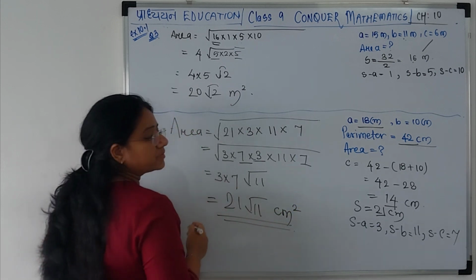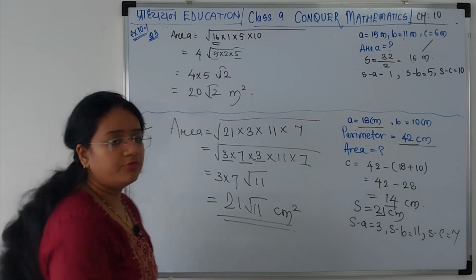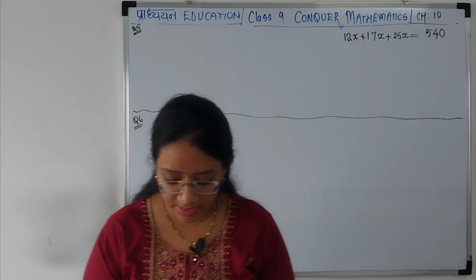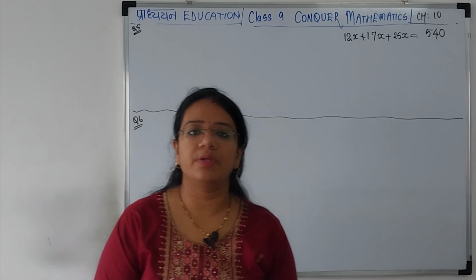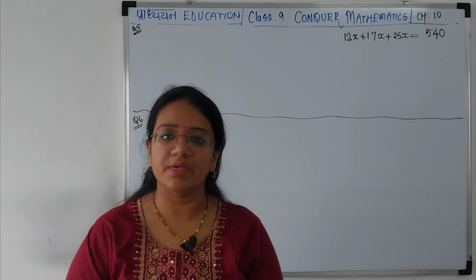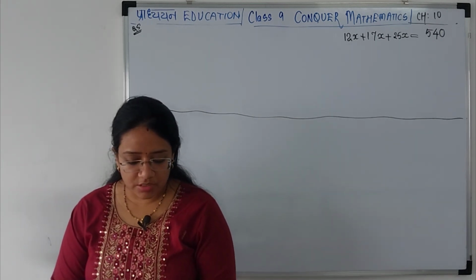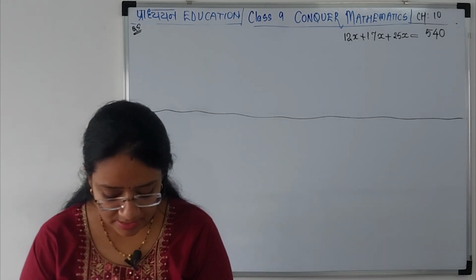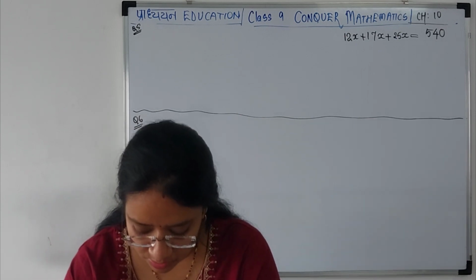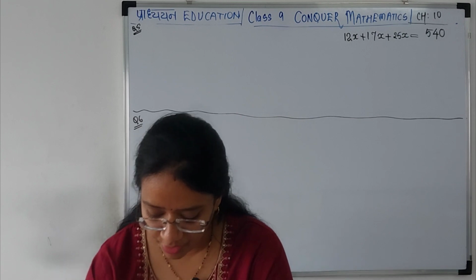Easy. Alright, so that's your question number 3 and 4. Now question number 5 is exactly same as example number 3, but we are going to solve it here because the calculations are a bit lengthier. Okay, so the question is, sides of a triangle are in the ratio 12 is to 17 is to 25 and its perimeter is 540 centimeters.